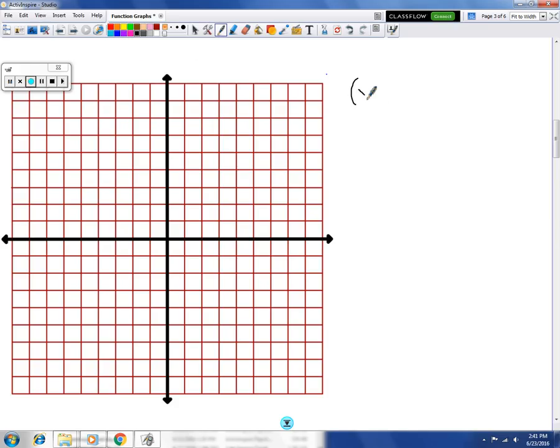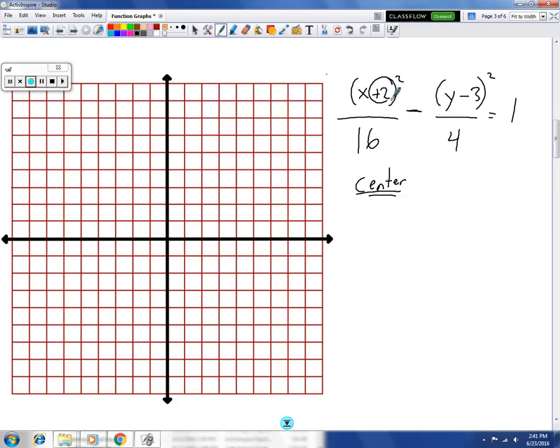Let's say x plus 2 squared over 16, subtract y minus 3 squared over 4. So what's the center? Now it's not 0, 0 anymore. You change that plus 2 to negative 2, and you change that negative 3 to positive 3. So negative 2, 3 would be the center.